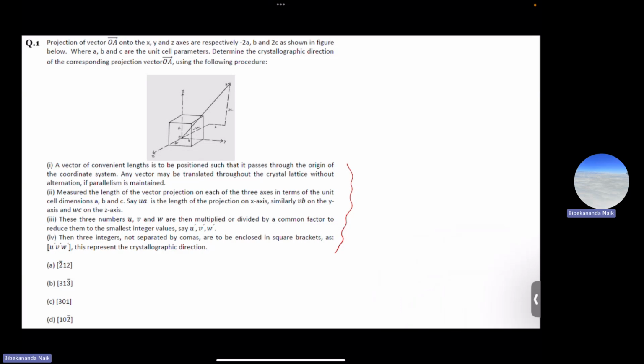So let's solve this question. This is the figure.